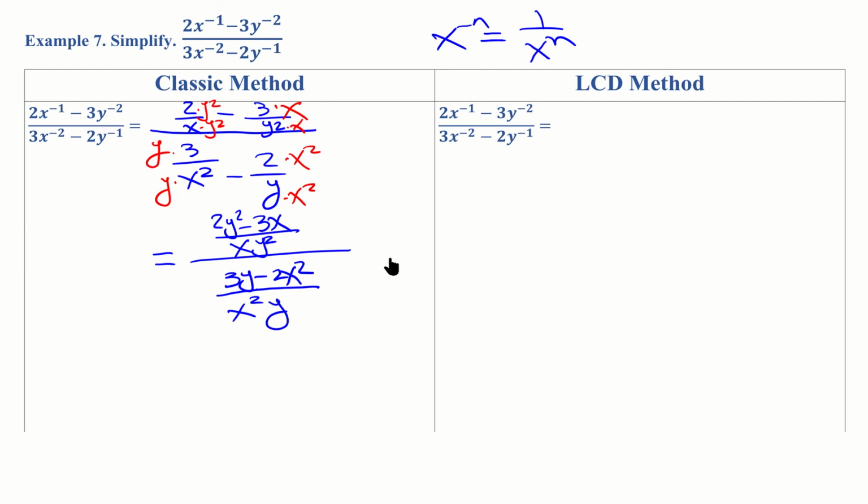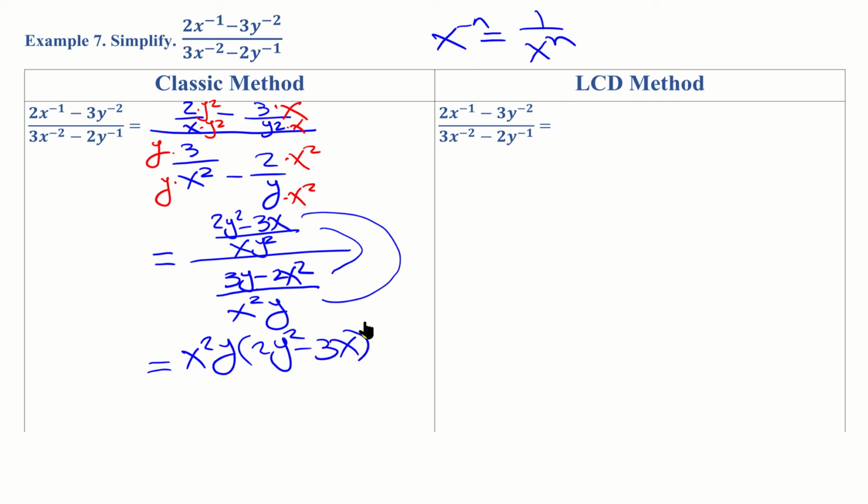Now we notice we have one fraction over one fraction, so we can do our outer product over inner product trick. So we get x squared y times 2y squared minus 3x. That's our outer product. Our inner product is going to be xy squared times 3y minus 2x squared.